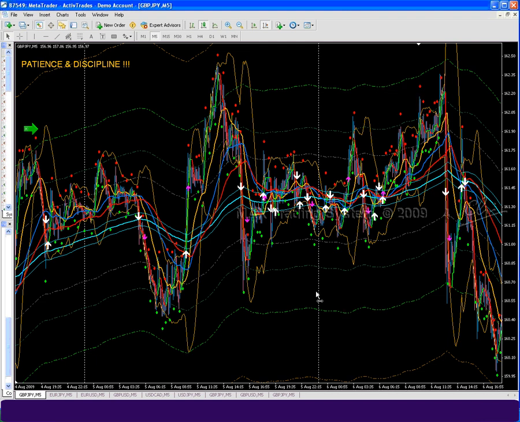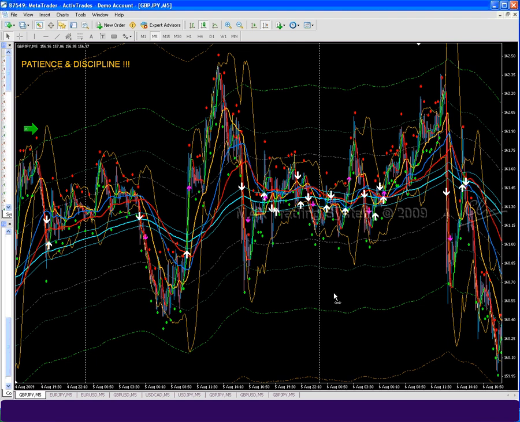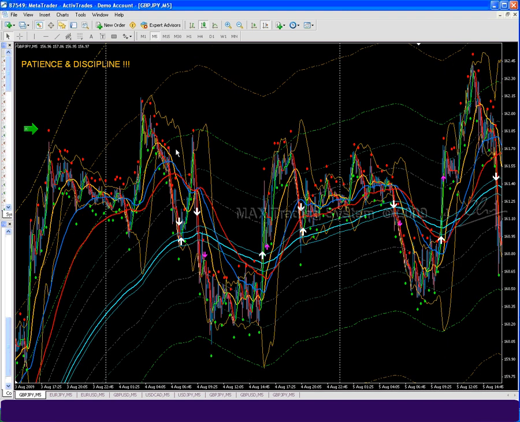But very, very often, you will see that the price stops exactly on the Tiger tunnel. You see here, on this first green level, it has served several times as a support level where the price bounces off to the upside.